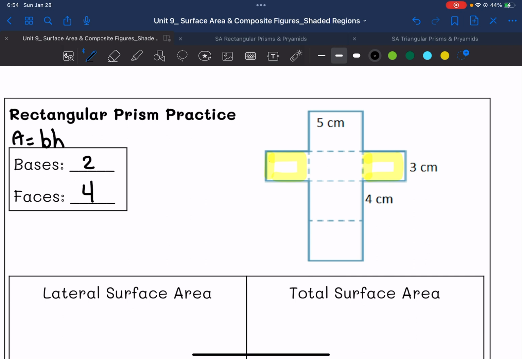So if this side, when I have it folded, is going to touch this side right here, which means that this one is going to be 4, which means this one's 4, which means this one's 4, this one's 4, this one's 4, 4 here, and 4 here. Okay, so that's good.